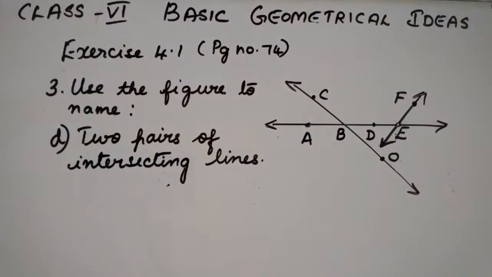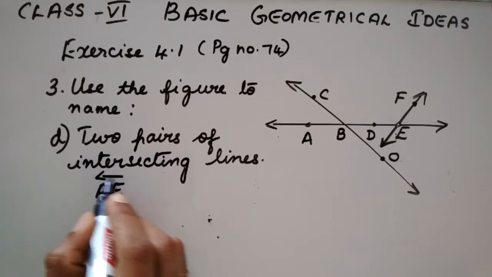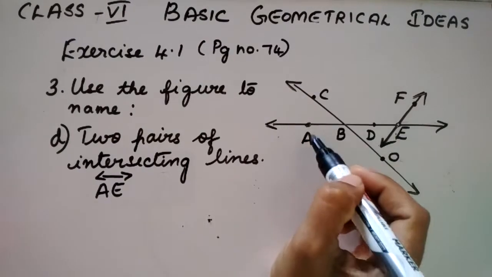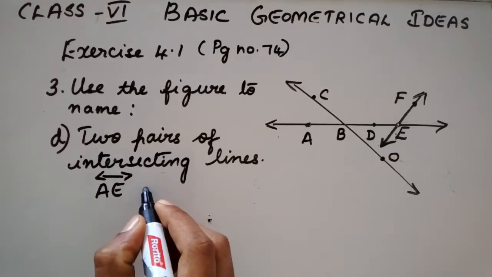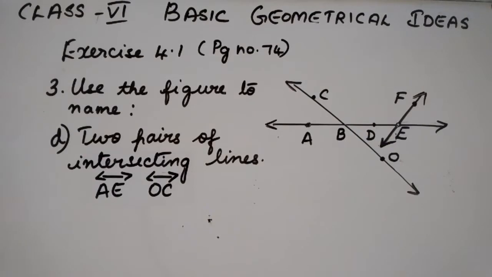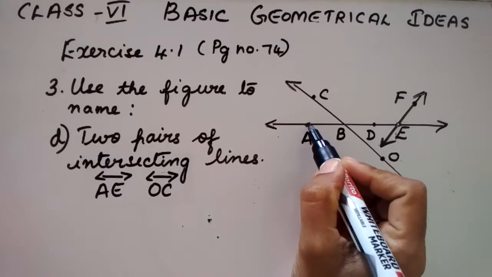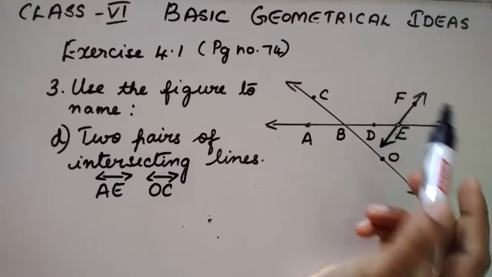So they have asked two pairs. So one pair of intersecting lines are line AE, which crosses with OC. And one more pair of intersecting lines we have in this figure are AE and EF.